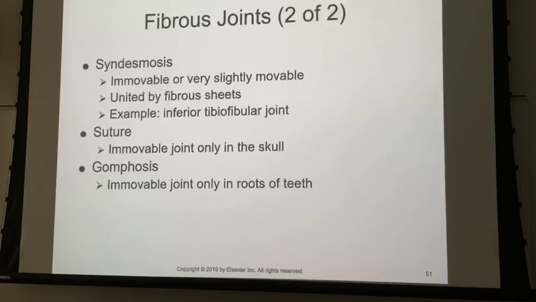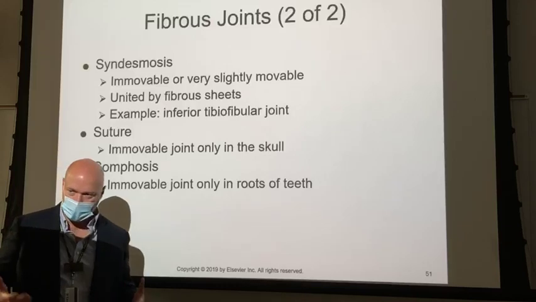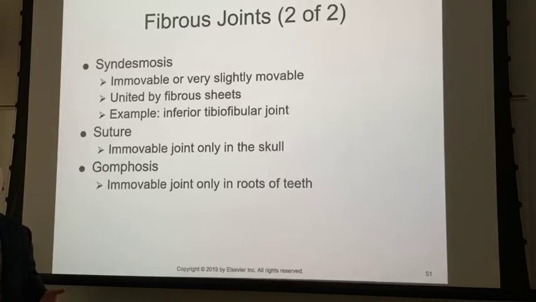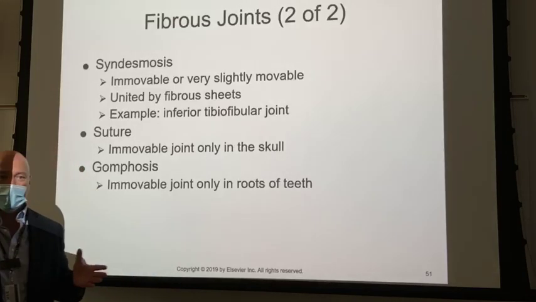Syndesmosis is very slightly movable, and the most obvious place you see this is in the lower leg. So you've got two bones in the lower leg, a tibia and a fibula, and you've got a little bit of motion between the two, but as we'll see in the next section, there are little divots on the tibia that the fibula actually fit into, so that they don't move a whole lot.